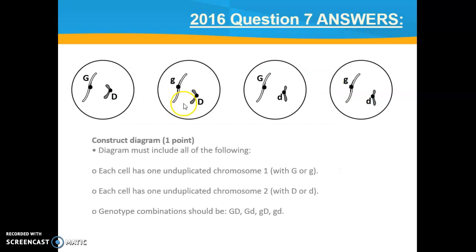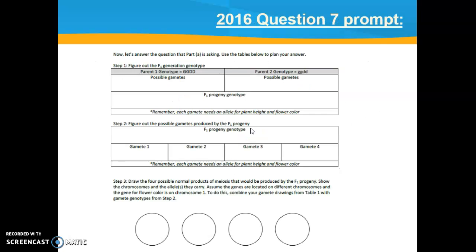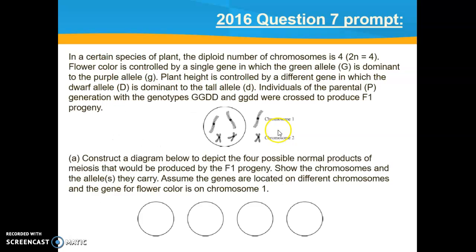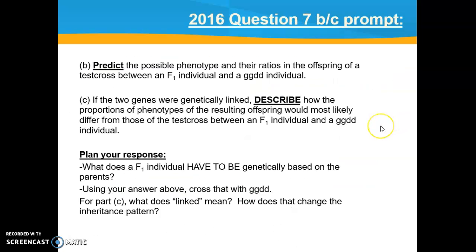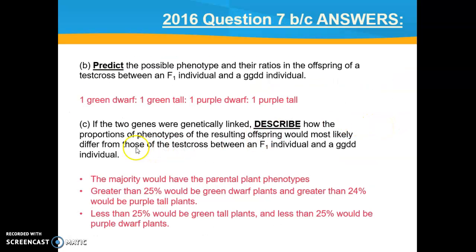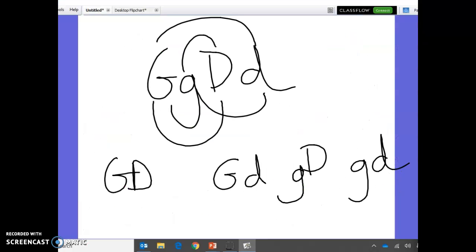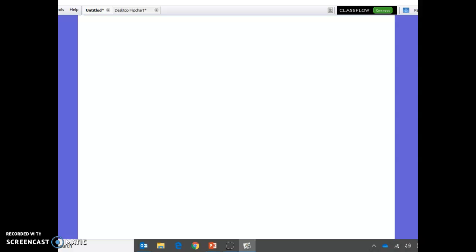So if we take the F1 genotype, which back here we figured it out to be big G, big D, little d, and we cross that, we would see a 1:1:1:1 ratio. So if you did your Punnett square, and this again is going to be a big Punnett square, that's where those numbers came from. Okay, so give me a second, I'll get that for you.